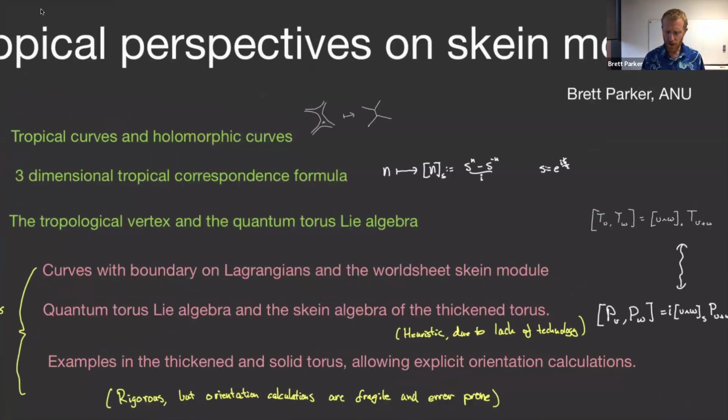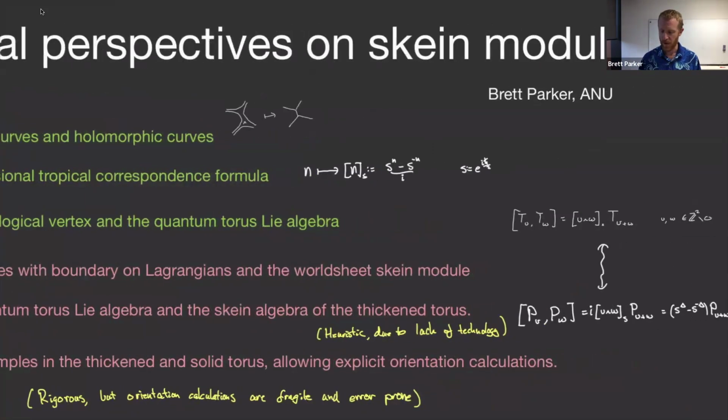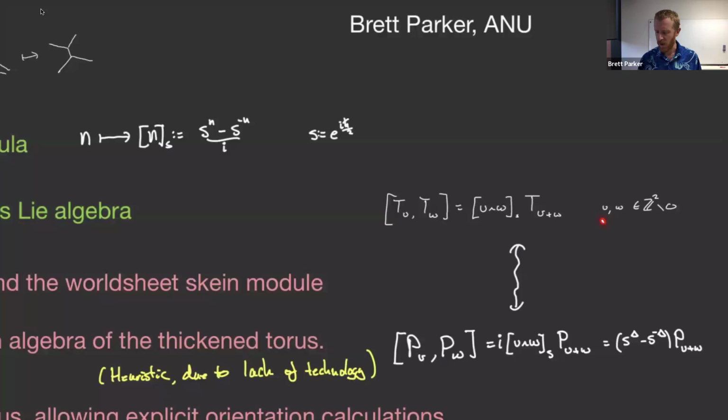And then I'll tell you about how counting curves in a particular type of Calabi-Yau, we see a quantum torus Lie algebra turning up, and you can see that using this tropical geometry and these tropical curve countings. And the commutator, so it has an element for each vector in Z2 minus 0.